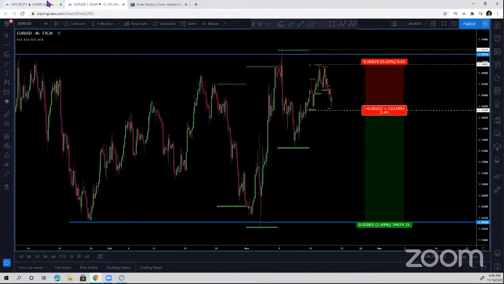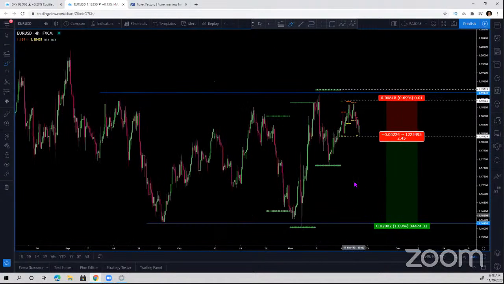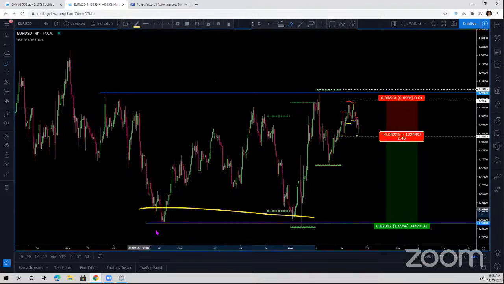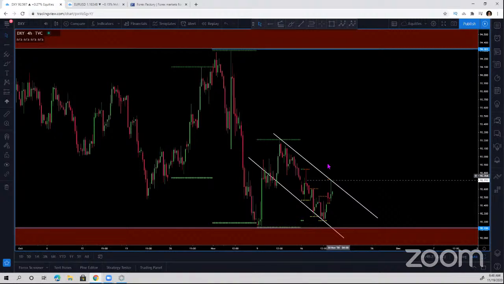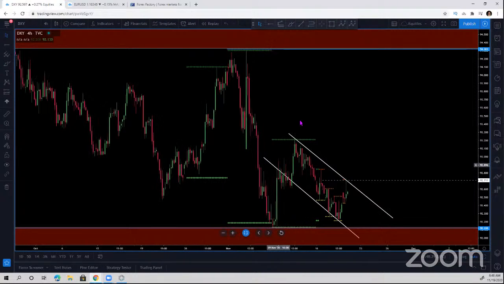Now, the reason that we are not going to look for a continuation below these lows is because we are fundamentally bearish on the US dollar long term, right? Even though we are bearish fundamentally speaking, we are going to be playing US dollar strength on the short term, right?